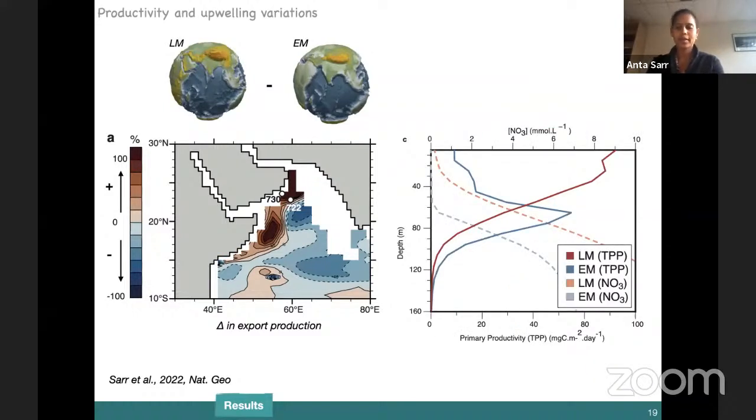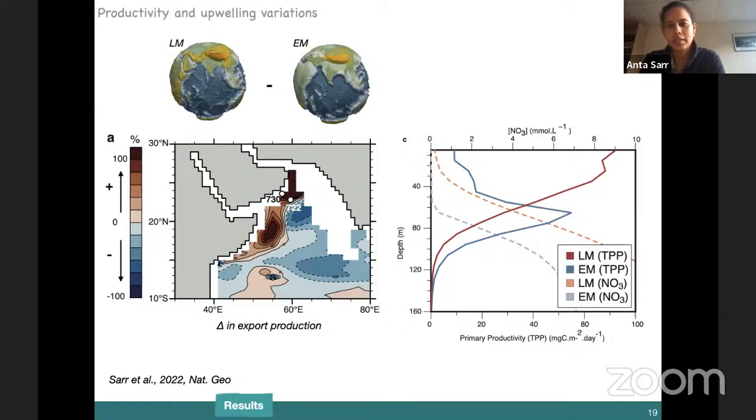Another way of looking at that is what's happening in the water column. If we look at the two simulations, the dashed lines are the nutrient content in the first, let's say, 200 meters, and the bold lines are the productivity.